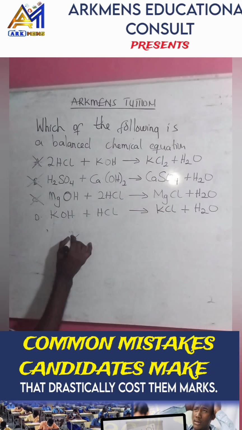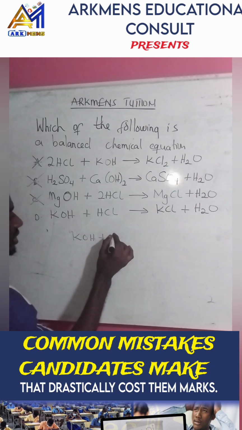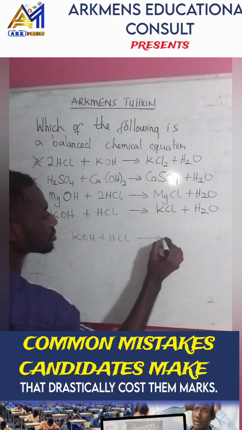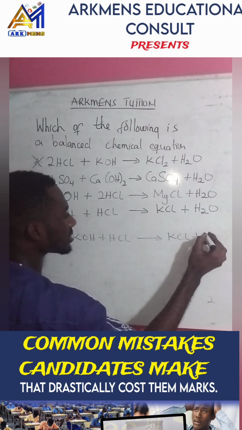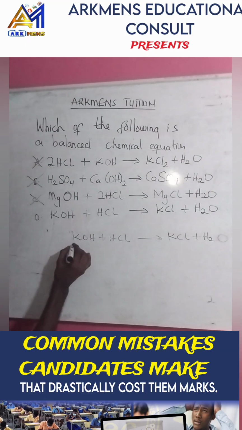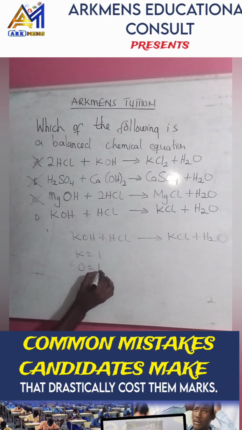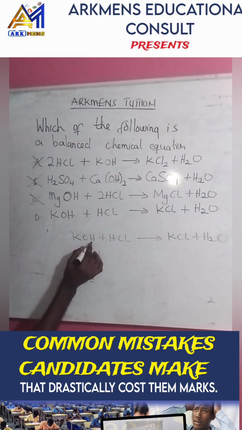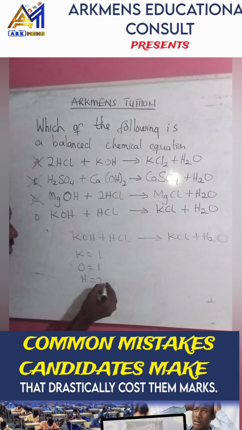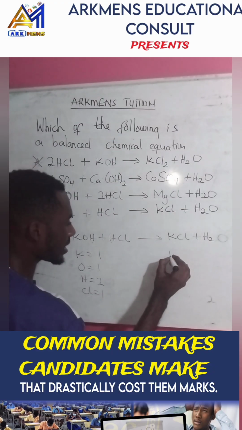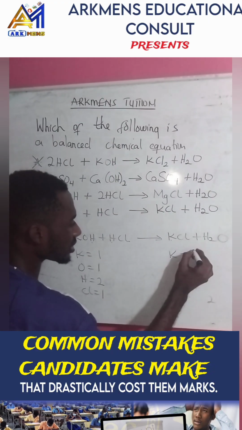So let's pick KOH plus HCl gives KCl plus H2O. Potassium over here we have 1. Oxygen we have 1. Hydrogen, 1 is here, another 1 is here, so 2. Chlorine is only 1. Good. Let's check the right side. Potassium, K, is 1.